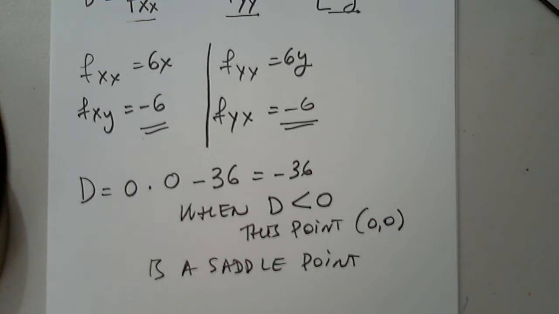And let me show you a graph of how a saddle point looks. Let me go to page 571 for a second. Here is a saddle point. Exactly what it means.